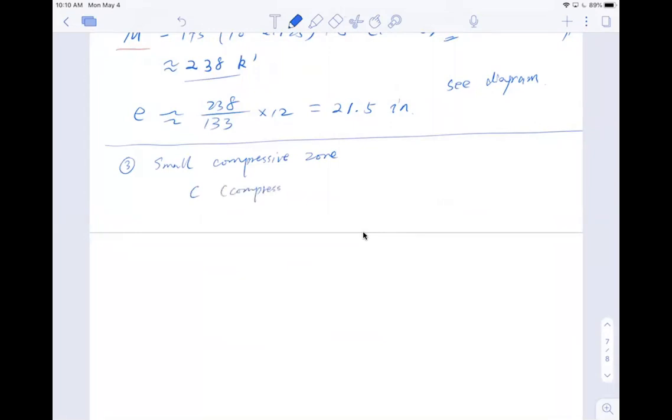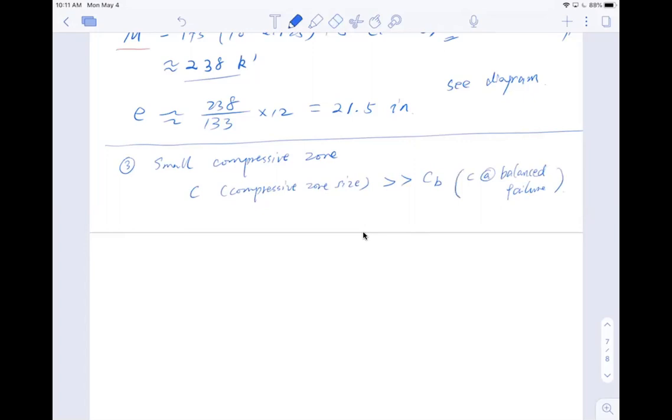You know that already, but just in case. We want it to be much, much bigger than CB, which is C at balanced failure. Okay, we want an actual compressive zone much bigger than the balanced failure.